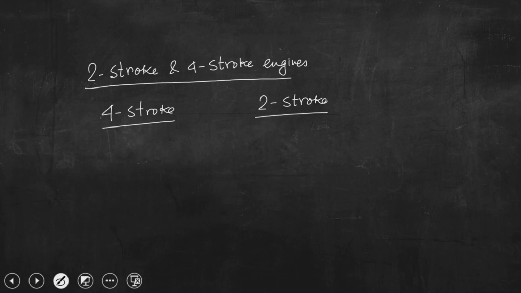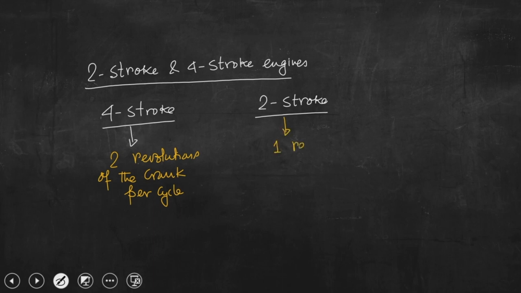for the 4-stroke cycle engines, whether it is SI engine or CI engine, we could identify that, if I write here, 2 revolutions of the crank per cycle, while for the 2-stroke engine there is 1 revolution of the crank per cycle, right.